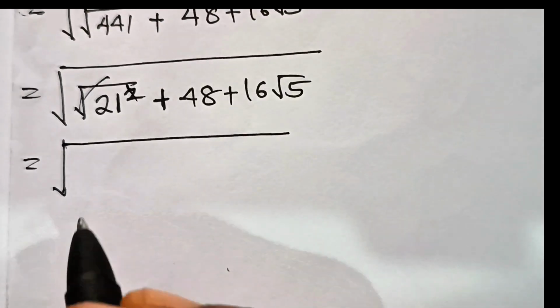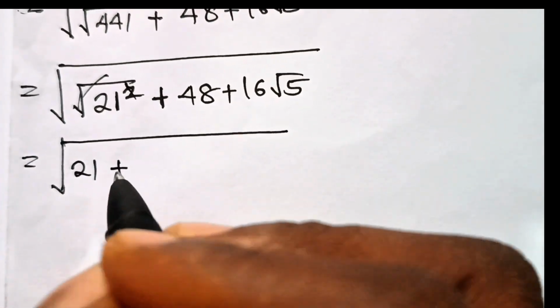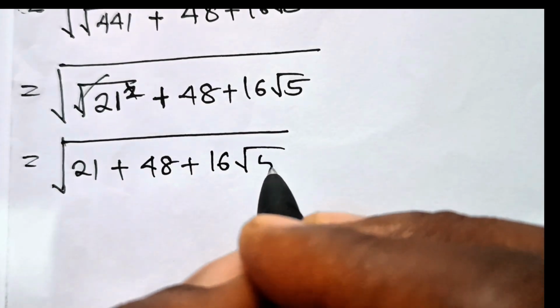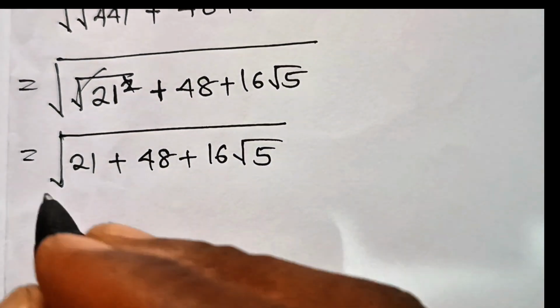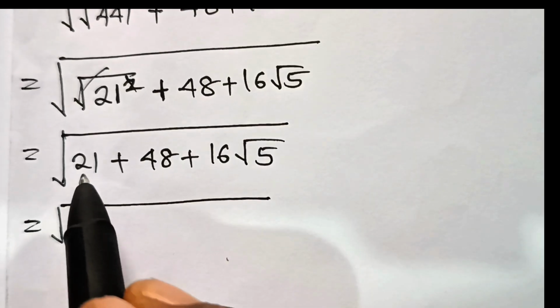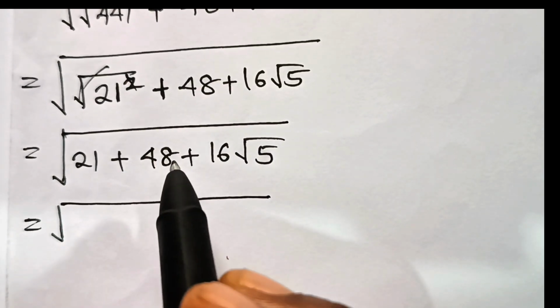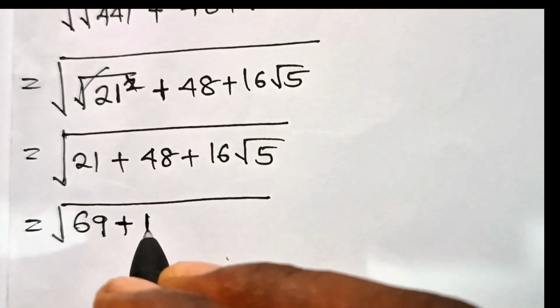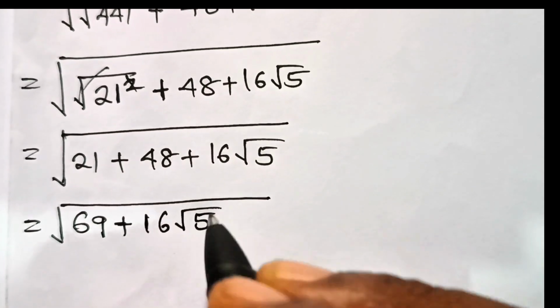We remove this and we have 21 plus 48 plus 16 root 5. So this is equal to the square root of 21 plus 48, which will give us 69. So we have 69 plus 16 root 5.